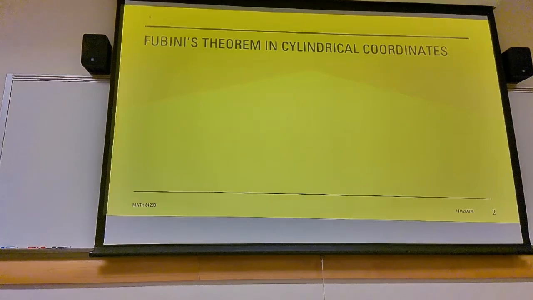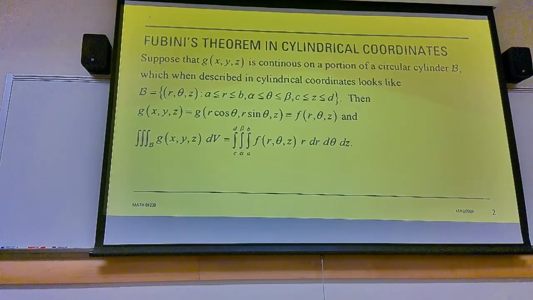So we look at my favorite theorem again. Fubini's theorem, but now in cylindrical coordinates. So we have a continuous function, g of x, y, z, on a portion of a circular cylinder, which is described by a less than or equal to r less than or equal to b, alpha less than or equal to theta less than or equal to beta, c less than or equal to z less than or equal to d.